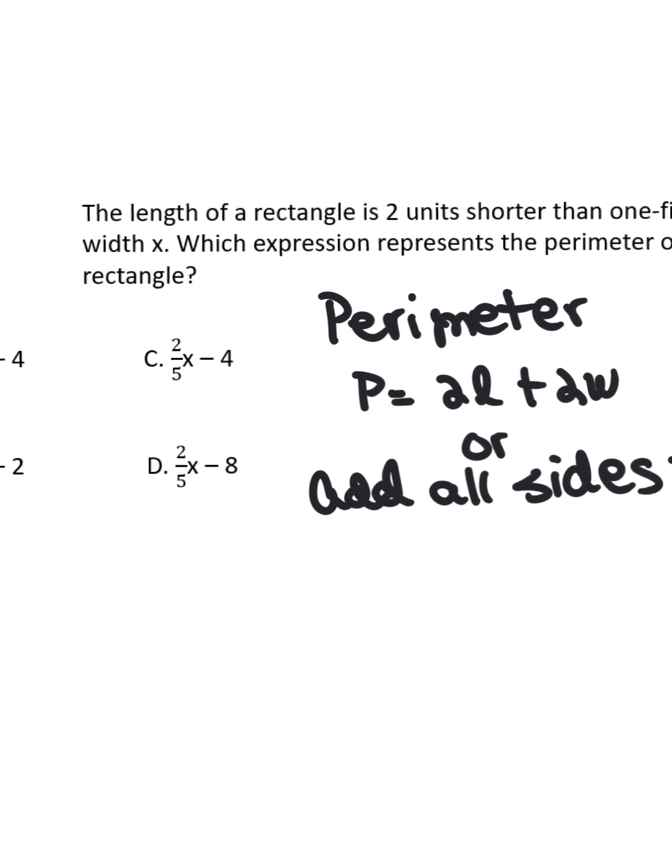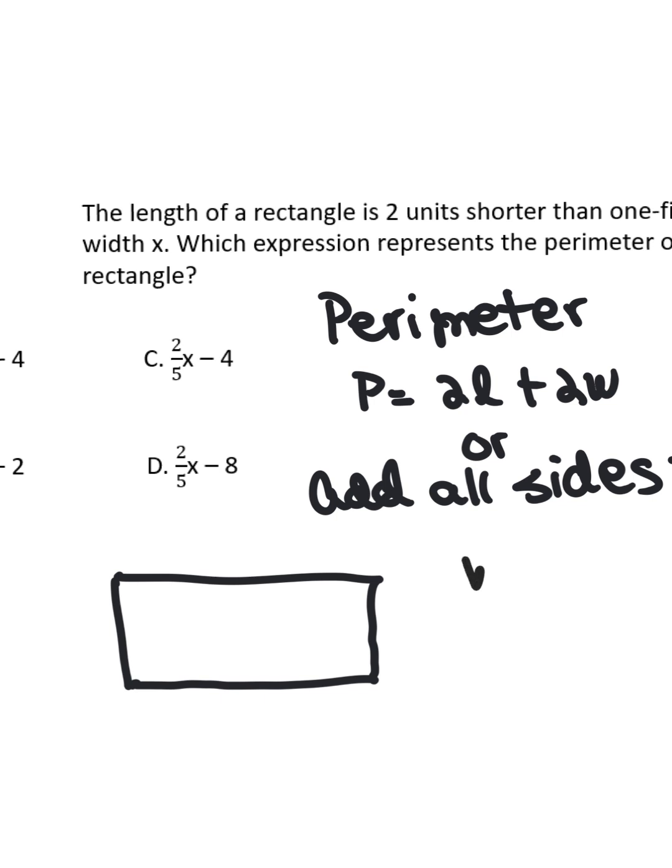All right, so the first thing I'm going to do is represent or draw a rectangle, and look at the information that I know. It says the length is 2 units shorter than 1/5 of the width, x. So this tells me that my width is going to equal x. Okay, and I'm just going to go ahead and label that.